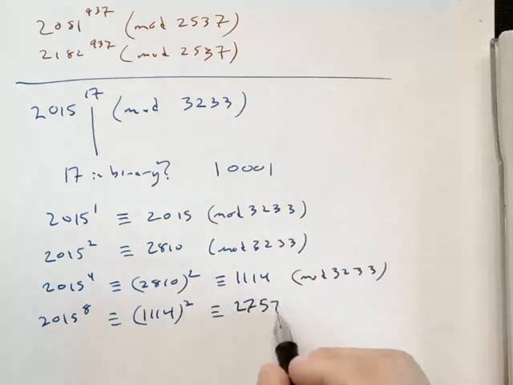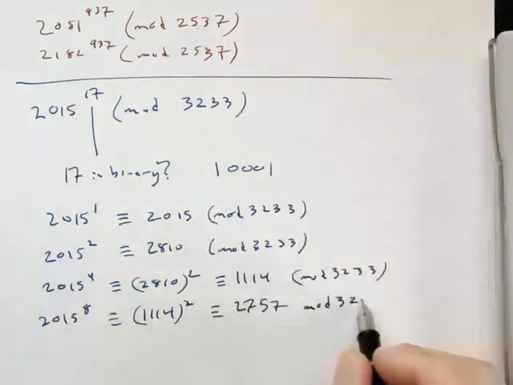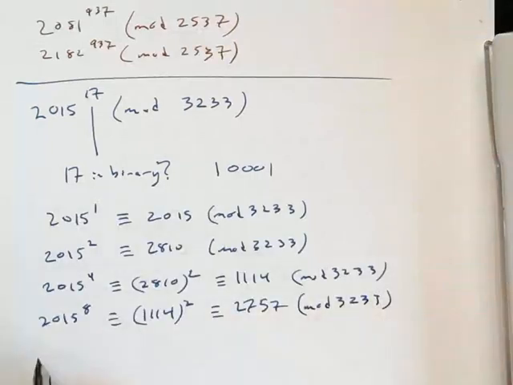So one last time, 2015 to the 16th is 2757 squared. What do I get for this number?